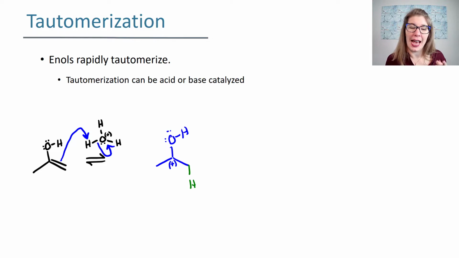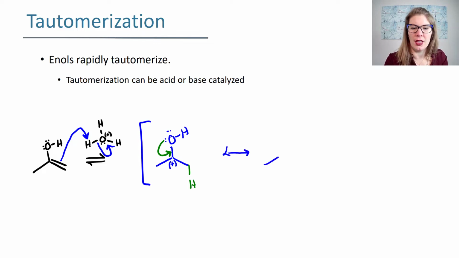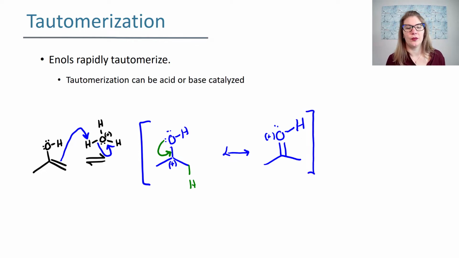Now, if we look at this structure, this has a resonance structure. So I'm going to change my arrow to green to illustrate that I'm talking about resonance now. So I can bring this arrow around to show that there are 2 resonance structures for this compound, and they look like this. If you wanted, you can continue to draw that hydrogen in green that I drew in, but you don't really have to.